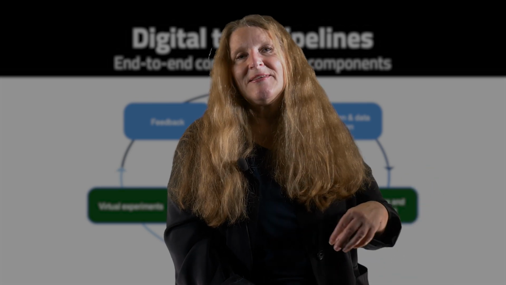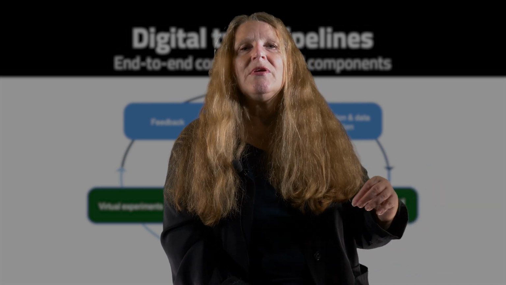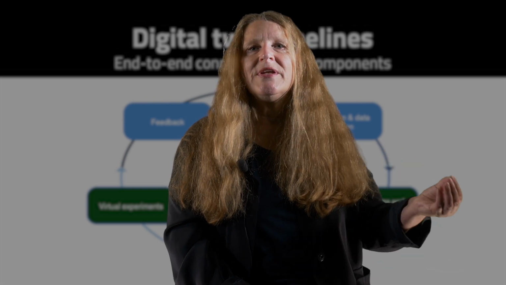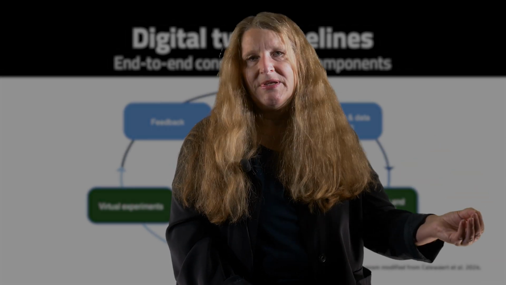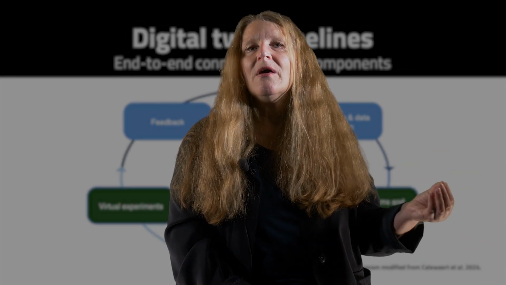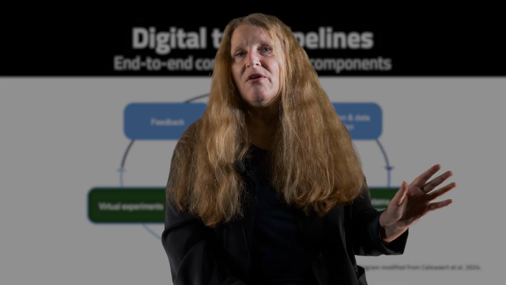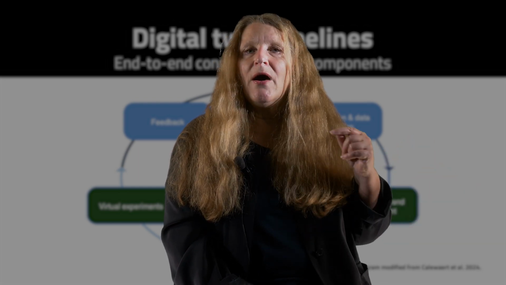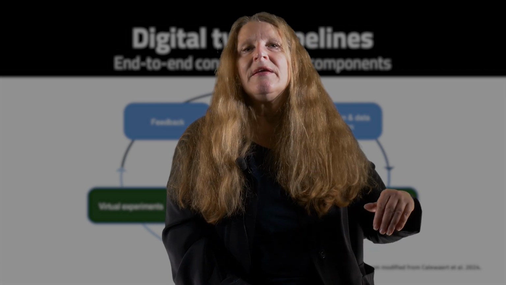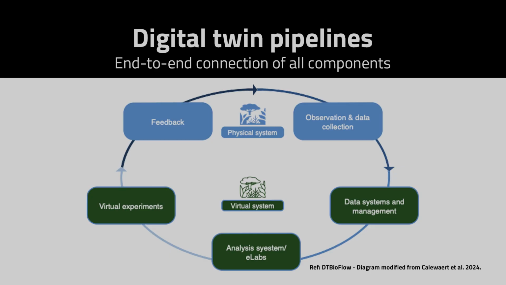Since you have this data pipeline, you can play with it. You can pretend, what if this is happening with my ecosystem? What will happen then? That's one of the advantages of a digital twin. Now, when you have the pipeline that enables these what-if scenarios, if you like, you can then feed back what you learned into the system again and run the loop again.